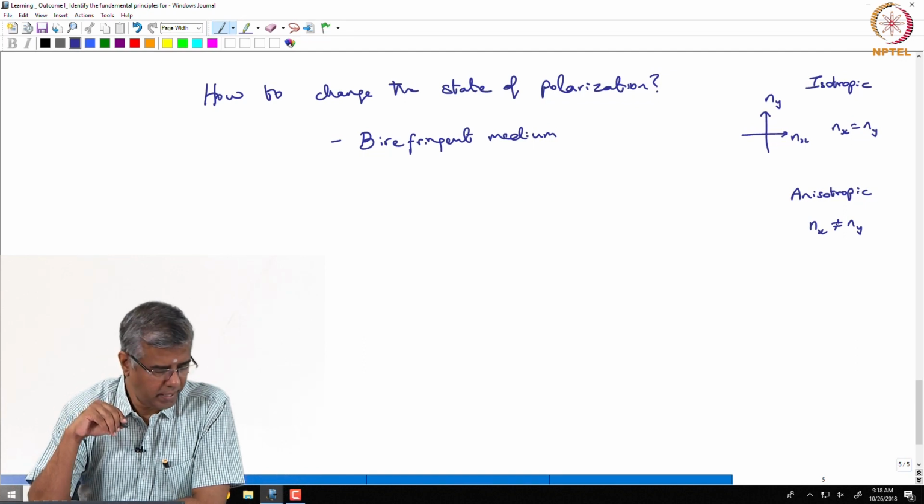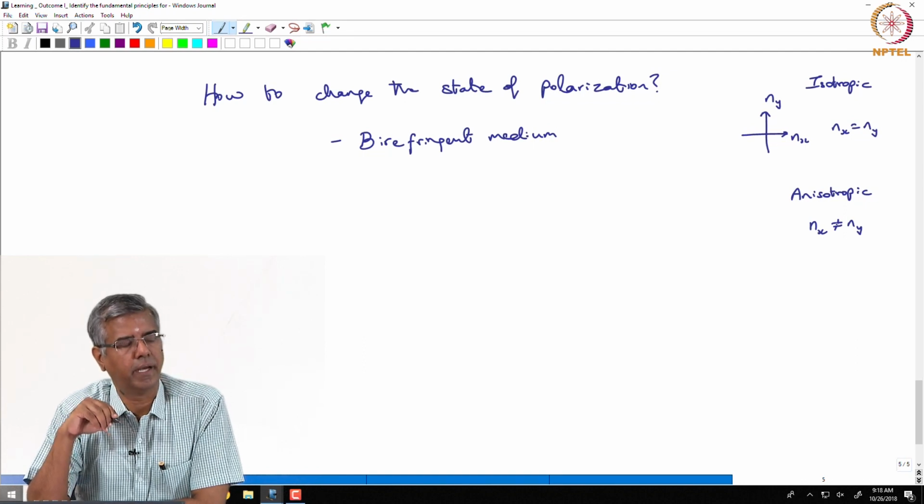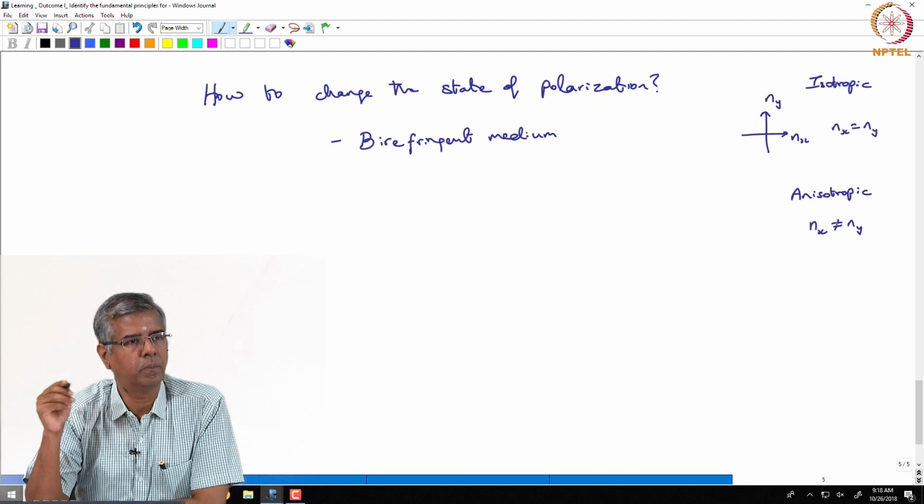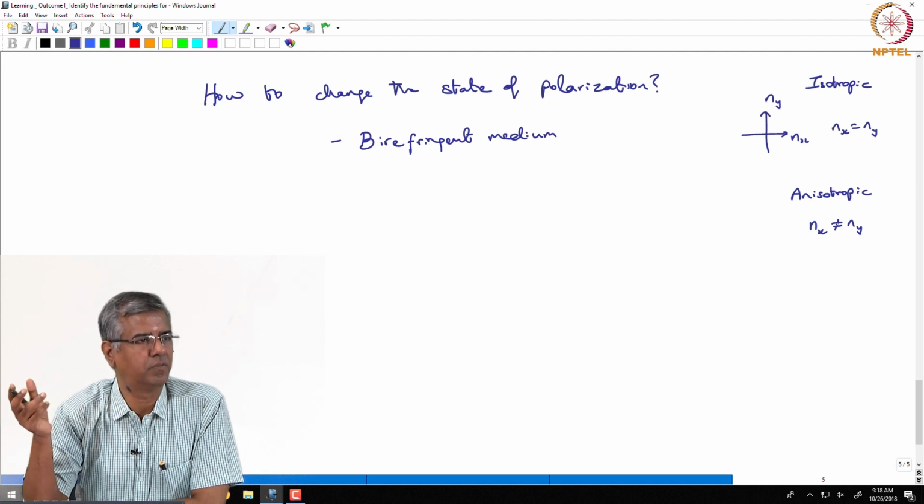When Nx is not equal to Ny, the light that propagates through that material, depending upon the polarization of the light, whether it is oriented along the x direction or y direction, is going to go through a different phase change, or it is going to go at a different velocity.